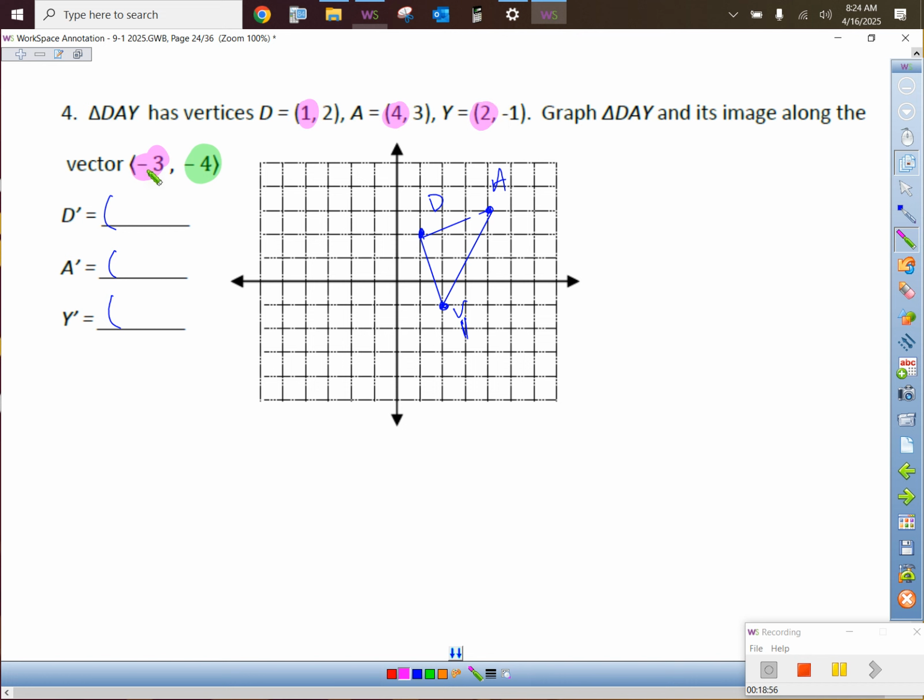So I'm going to do all my x's first. Just subtract 3 from all those. So 1 minus 3 is -2. 4 minus 3 is 1. And 2 minus 3 is -1. Then do your y's. The y rule is to subtract 4 from all of those. So basic arithmetic with these.